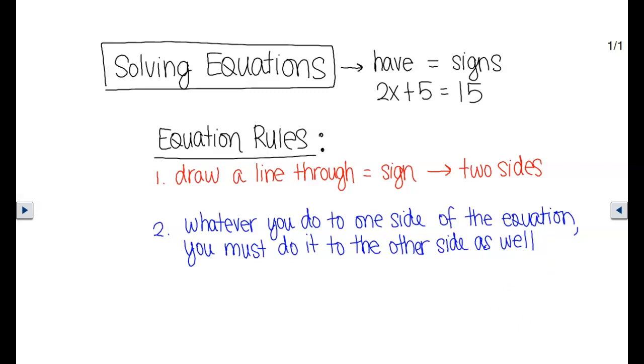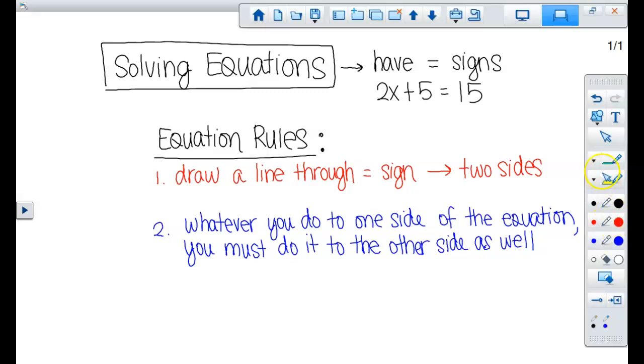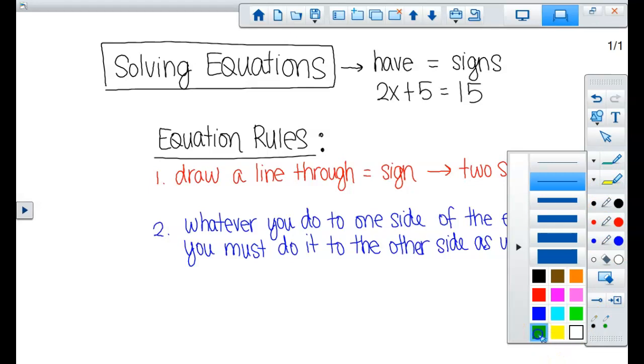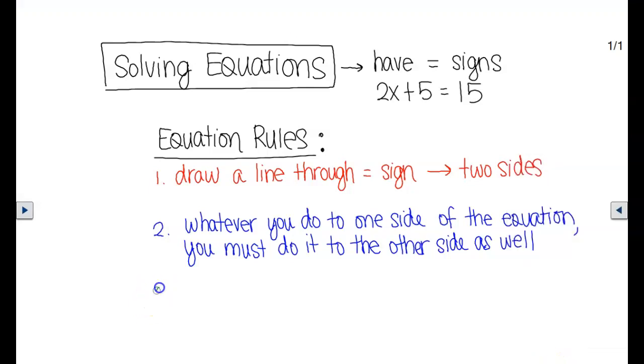So we're going to draw that line through our equal sign to show the two sides of the equation, and we are always going to remember that whatever we do to one side of that equation, we are going to do the same thing to the other side as well.